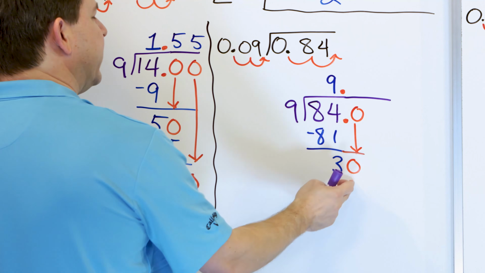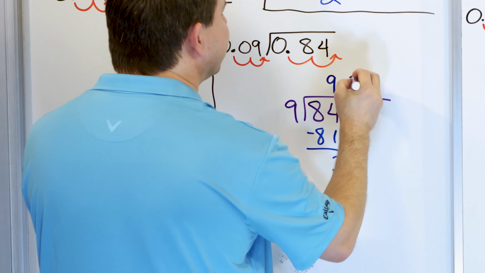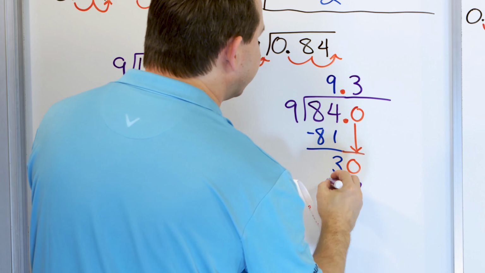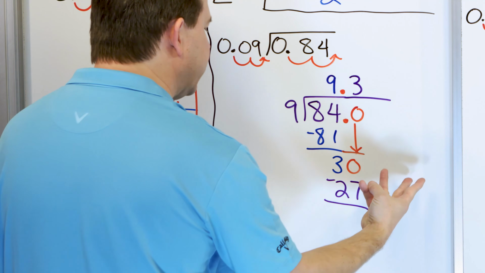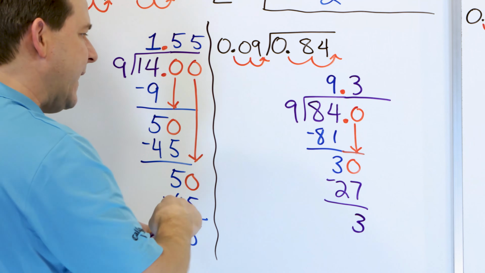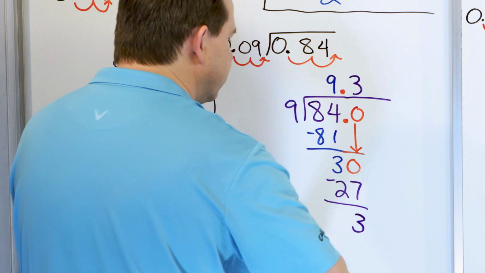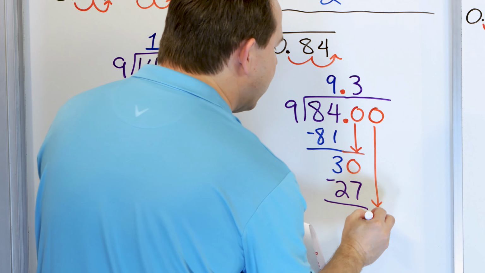9 times 3 is 27, and 9 times 4 is 36. That's too much, so it has to be 9 times 3. That's 27, and subtract. Just counting up from 27, 28, 29, 30, I can do the borrowing if I want, but the difference here is 3. Again, I want a remainder of 0, so I grab the next digit. I don't see 1, so I just add this 0, and now again I have 30.